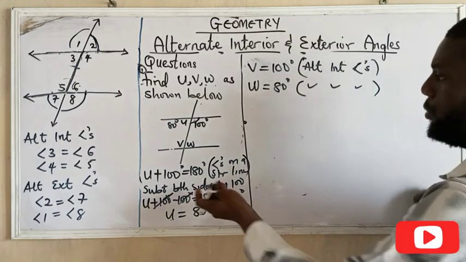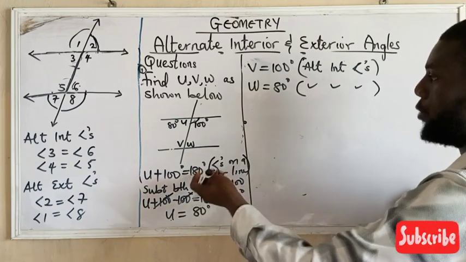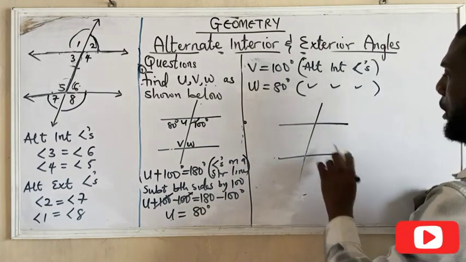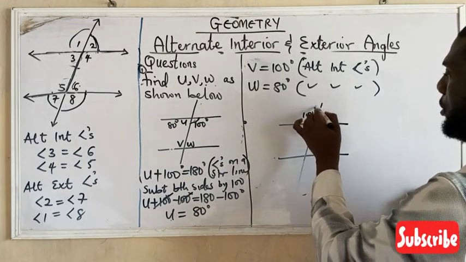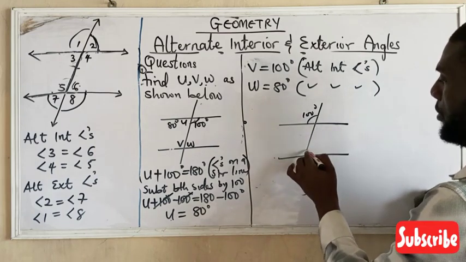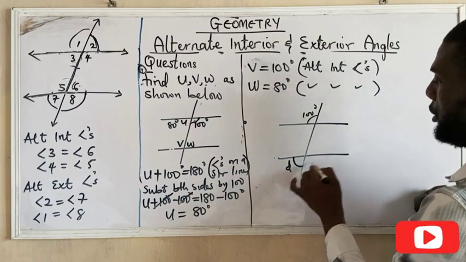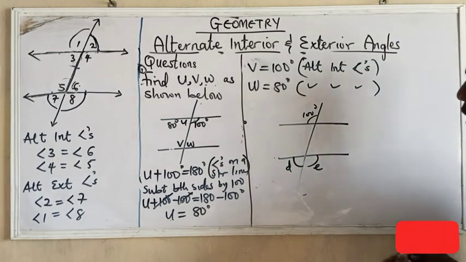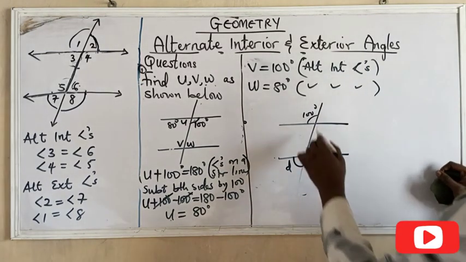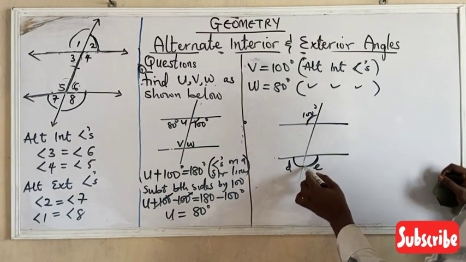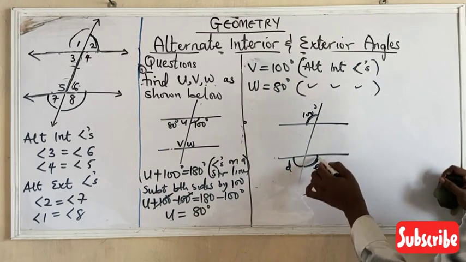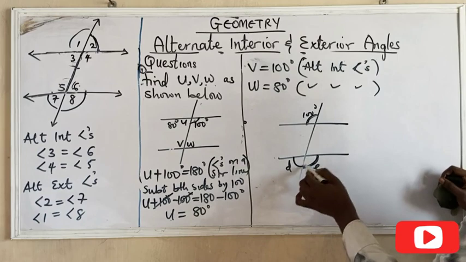And also, if it's exterior angles, let's set an example for an exterior angle. Let's say we have 100 degrees, and we are asked to find D and E. So I know that this side is equal to this side, as this is alternate and it is external, and it is also equal to the external part of this side.